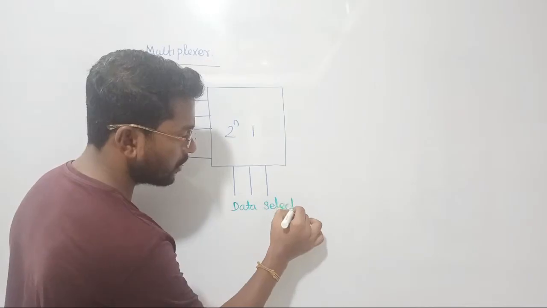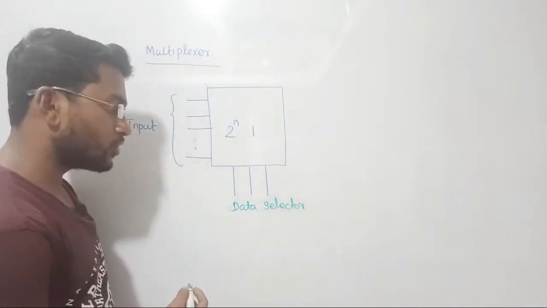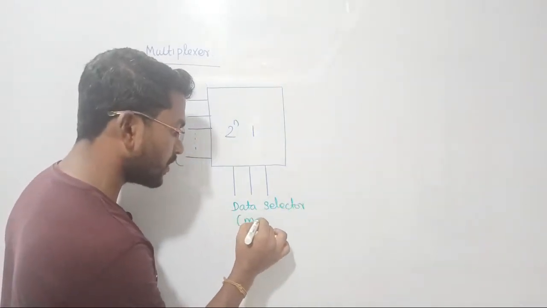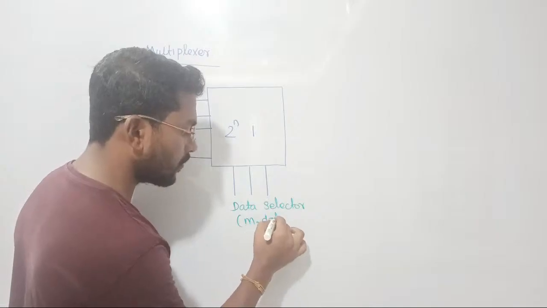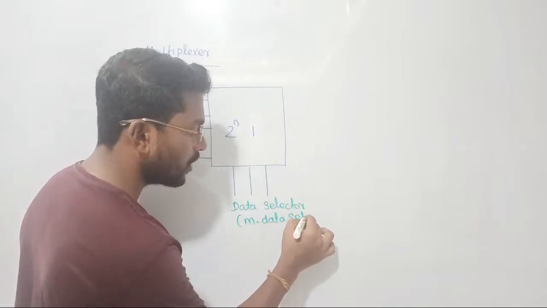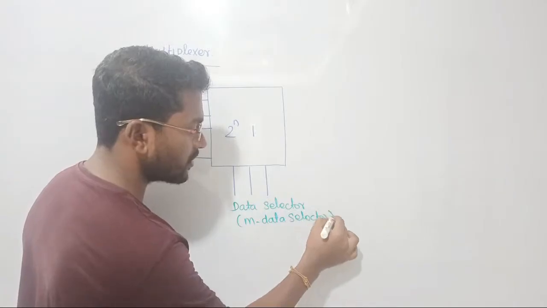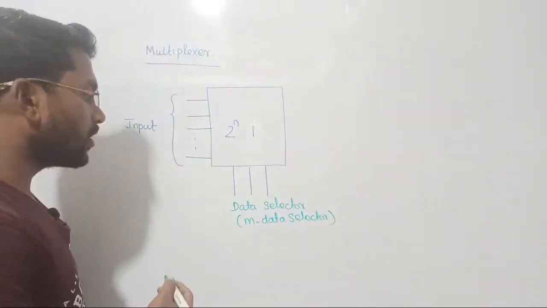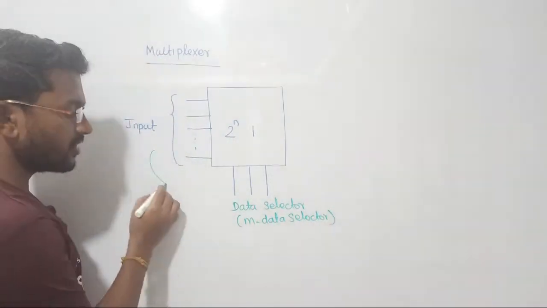For an example, let us consider m data selector lines. We are going to consider m data selector, and the approximate relation between these two.